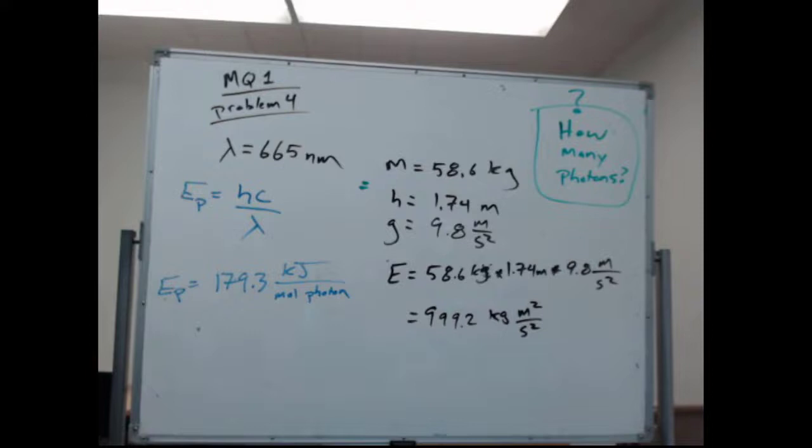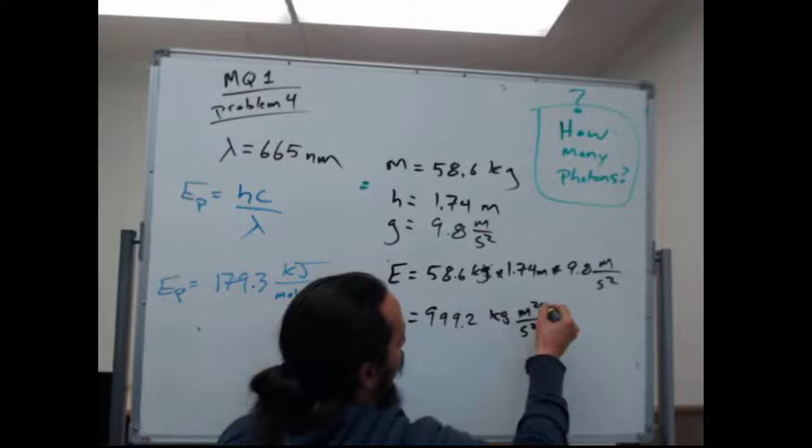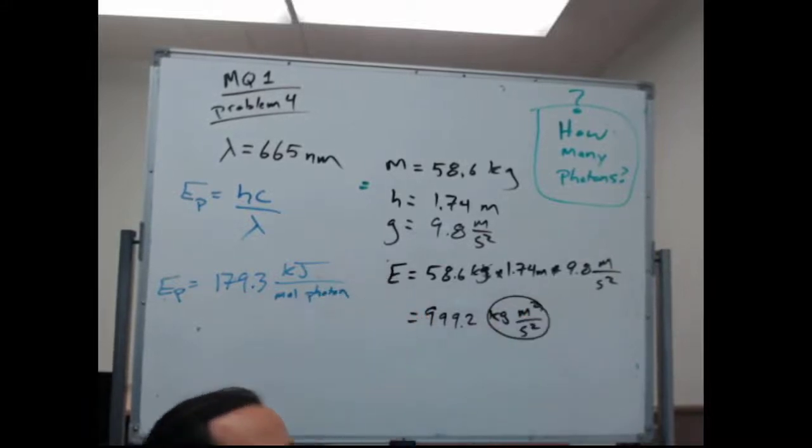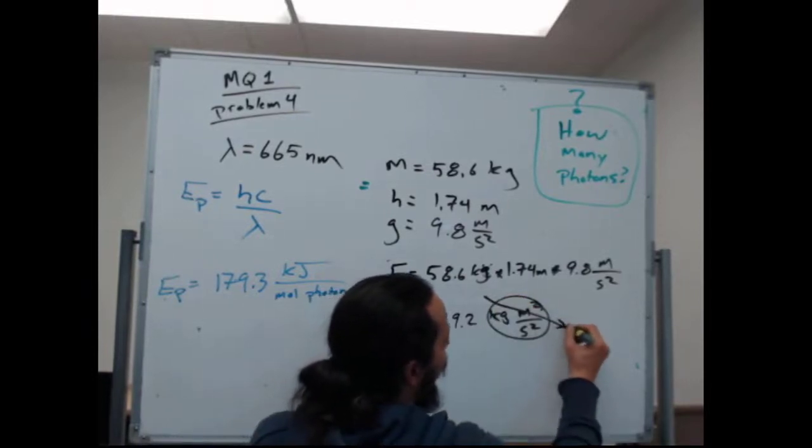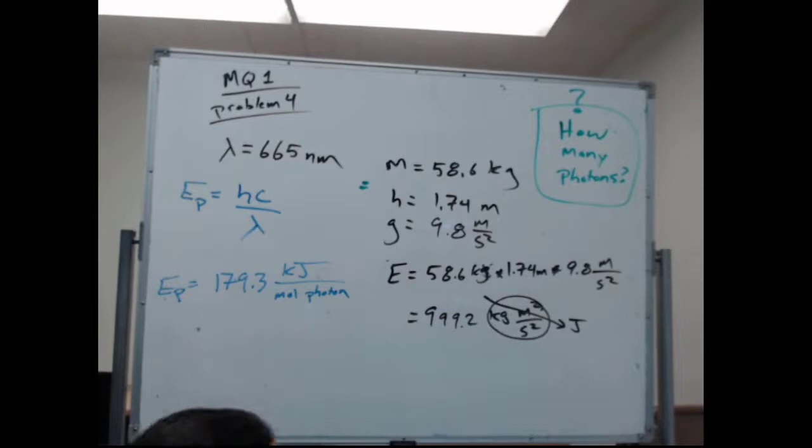So we get 999 kilograms meters squared per second squared, which seems like weird units, but these weird units actually combine to give us one unit, kind of like the way that moles per liter gives us molarity. Kilograms meters squared per second squared combine to give us joules. So this is actually in terms of an energy.